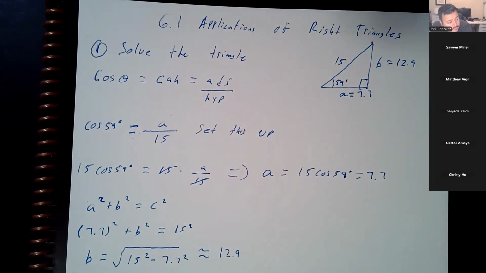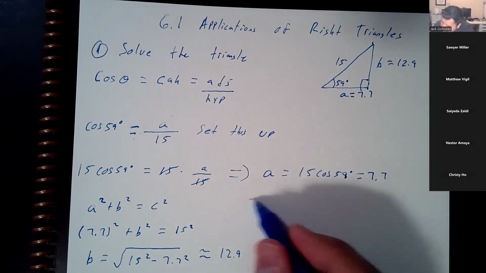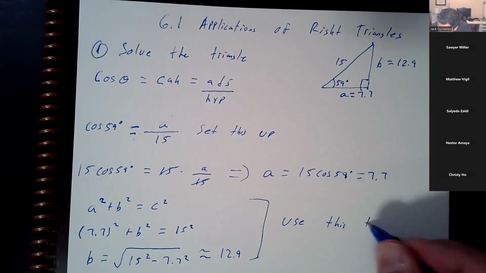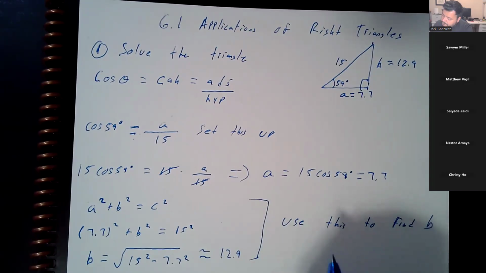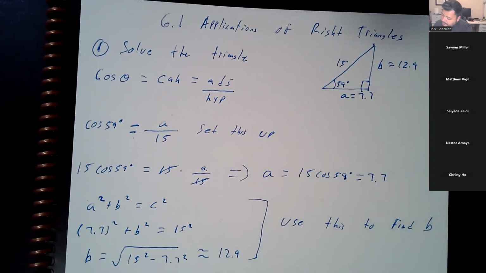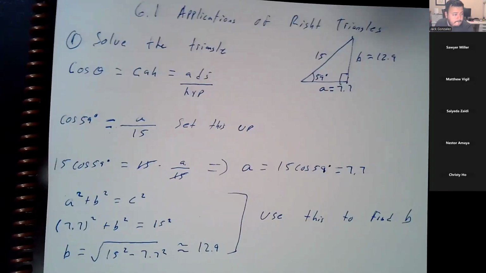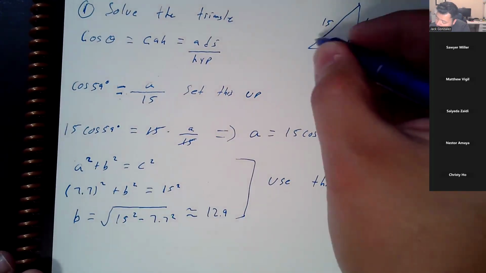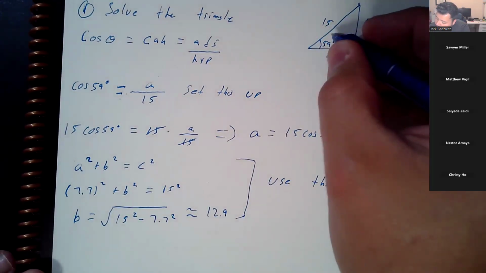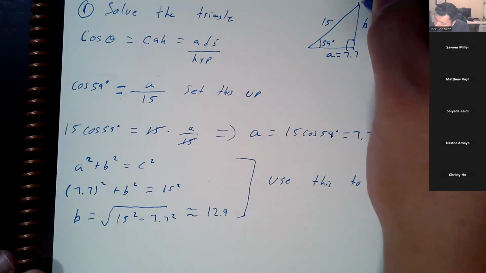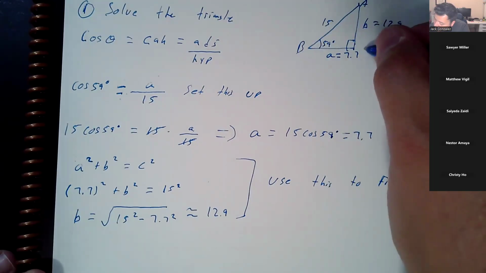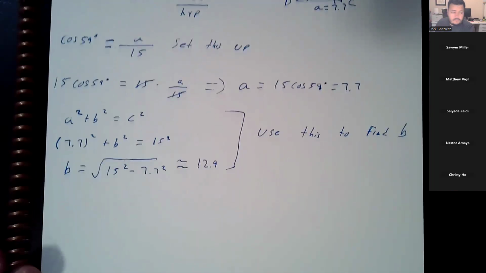Okay, so we used this to find b. And now we have all the sides, right? So if we call the angles capital A, capital B, and C, what are all our answers?